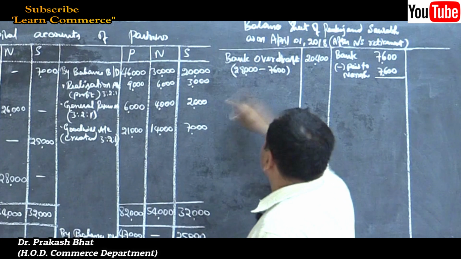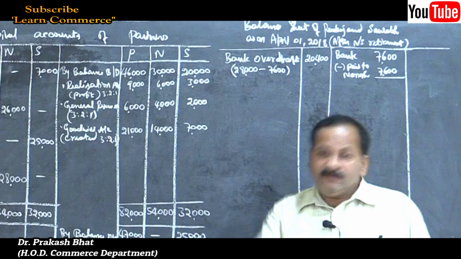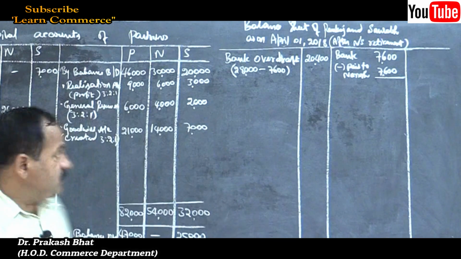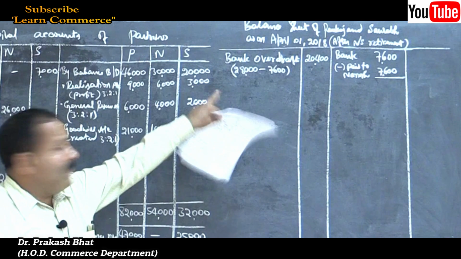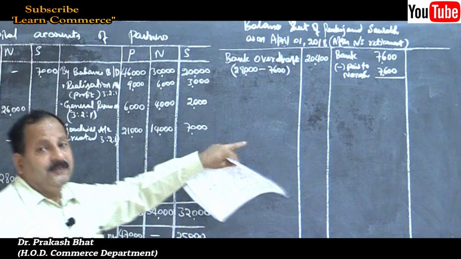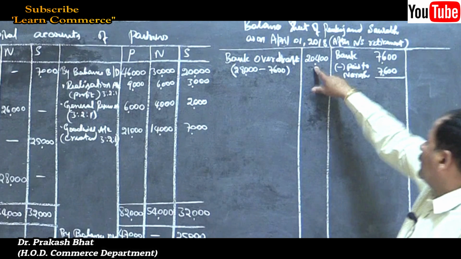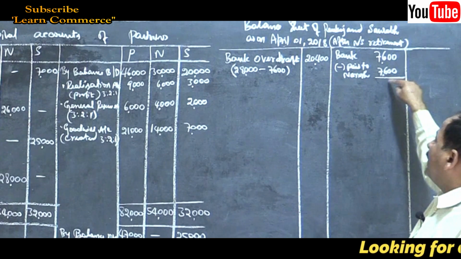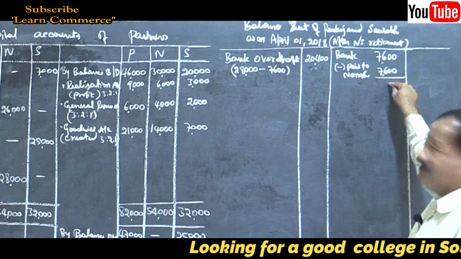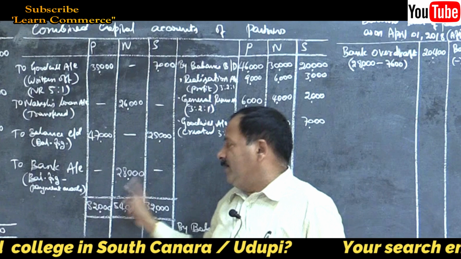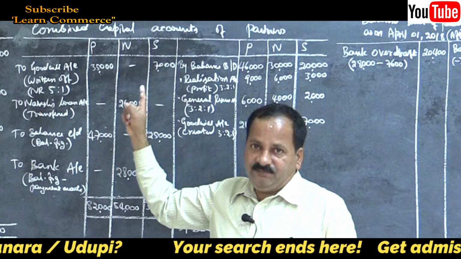The remaining is raised as a loan. So 20,400 is the bank overdraft created by us. So by borrowing a loan of rupees 20,400 from the bank and utilizing our bank balance of 7,600 entirely, together 28,000, we made payment to Naresh.